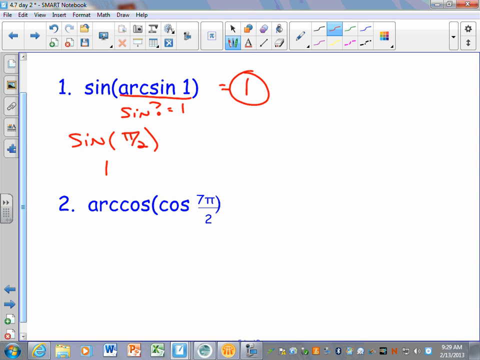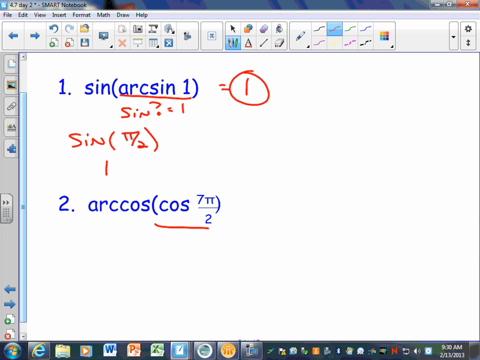But is 7 pi halves in our specified range for arccosine? For cosine, it's 0 to pi, right? So this is an example of one that you can't use the property. You have to just work it out. And so maybe you just want to work it out every time because it's not that much work. Start with the inside. Can you tell me, or can you figure out, what the cosine of 7 pi halves is?